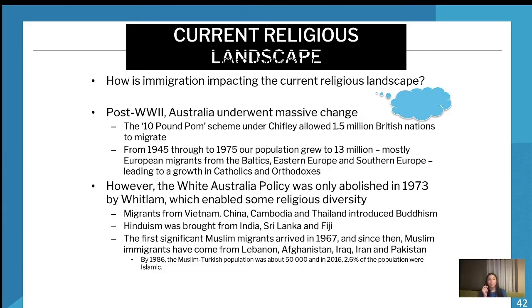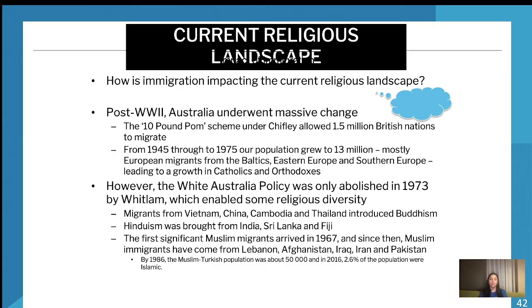But because the White Australia policy was only abolished in 1973, religious diversity wasn't really enabled until then. So after 1973, that's when migrants from Vietnam, China, Cambodia, and Thailand introduced Buddhism. Hinduism was brought from India, Sri Lanka, and Fiji, and the first significant Muslim migrants arrived in 1967, and since then, Muslim immigrants have come from Lebanon, Afghanistan, Iraq, Iran, and Pakistan.